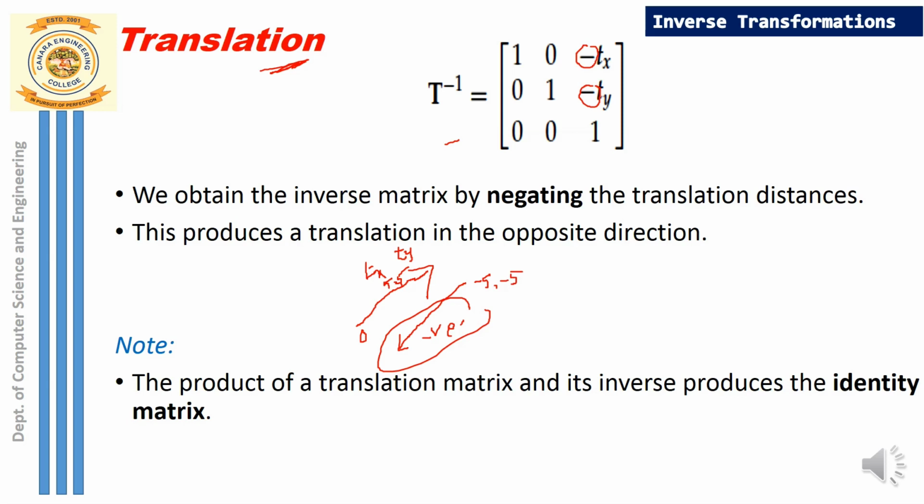So tx and ty is equal to minus 5, or in general you can write it as minus tx and minus ty, which indicates the inverse translation or moving the object in the backward direction. So this is how you can find out the inverse translation matrix.